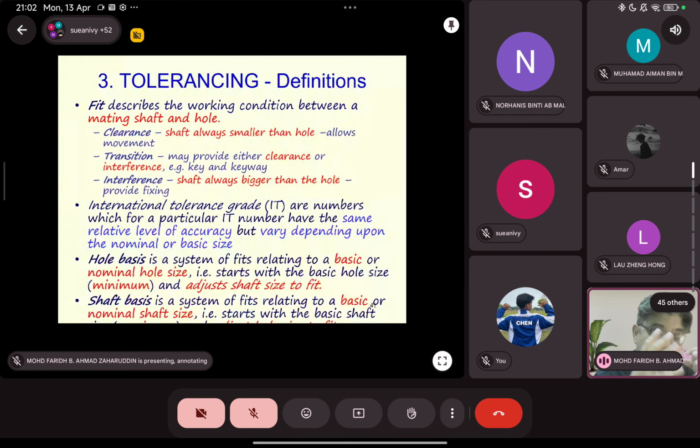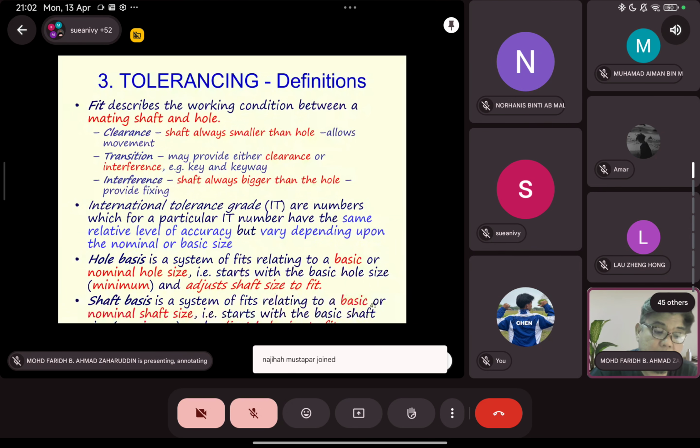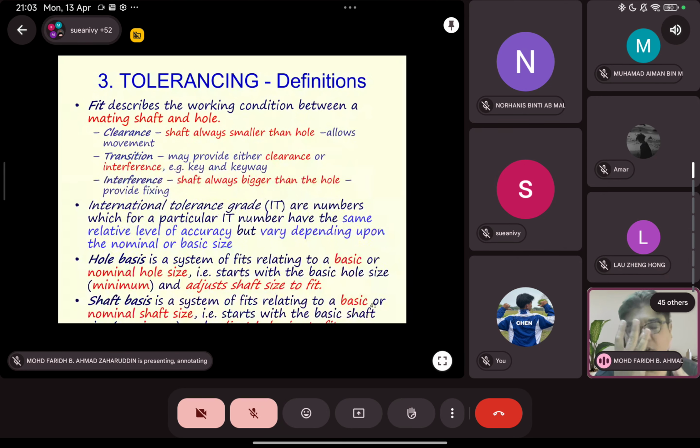So again, fit in Bahasa Malaysia is padanan. In fit, there are three types of condition between a mating shaft and hole. Meaning, when we want to fit this shaft into this hole, there are three conditions.